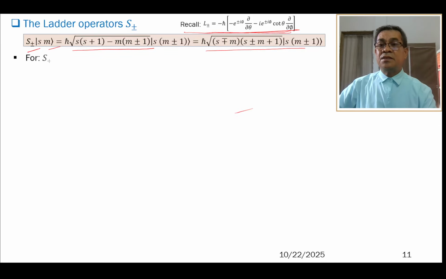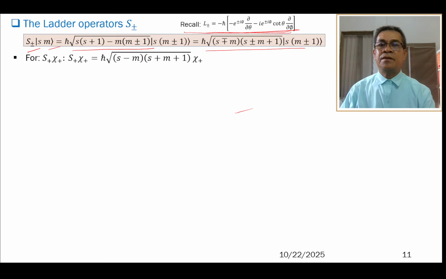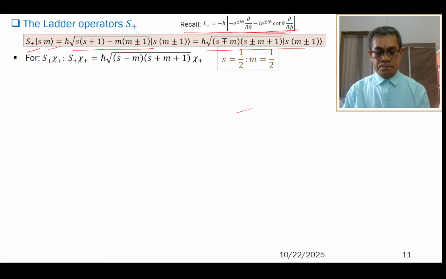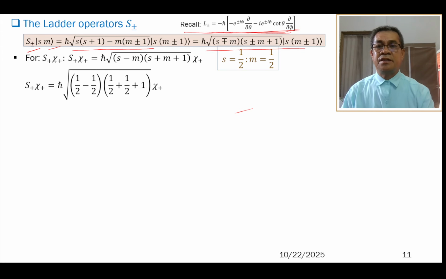Okay. Next is for S plus, meaning the raising operator of spin that acts on the spin up. What's the result? Okay, then substitute the value. Okay, so substitute m equal to 1/2 and s equal to 1/2, and the result is, substitute the values here.